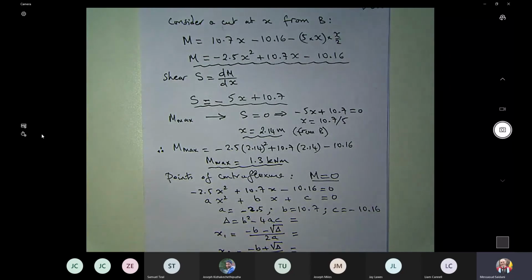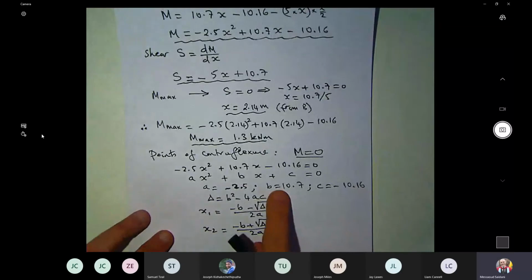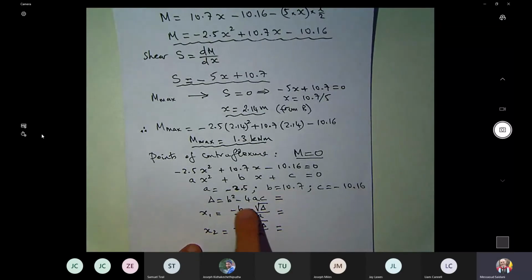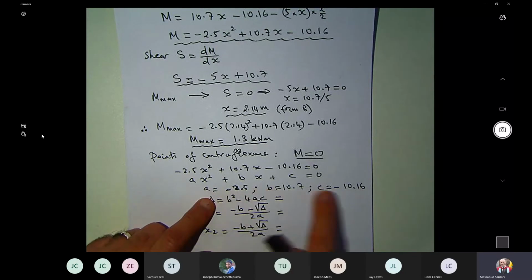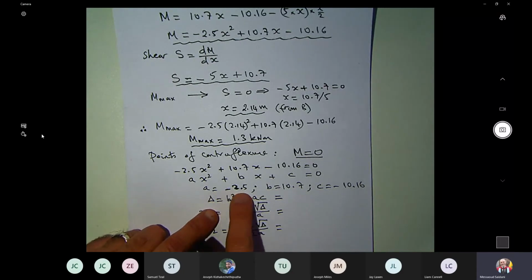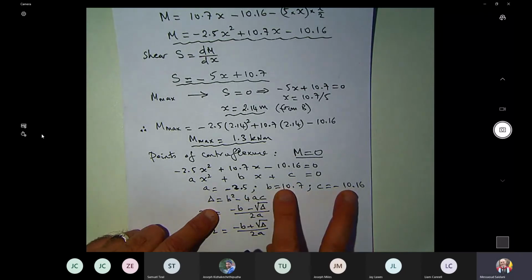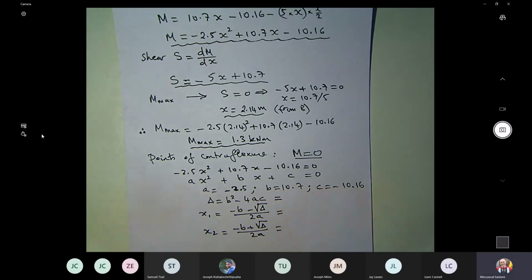If you give me the value for delta first, b squared minus 4ac. When you multiply a by c, minus by minus is a plus, with the minus here, so it gives you a minus anyway.